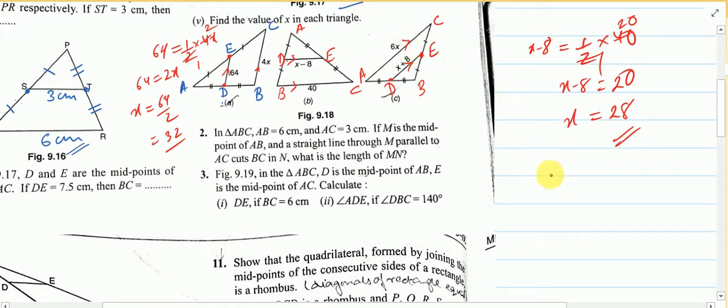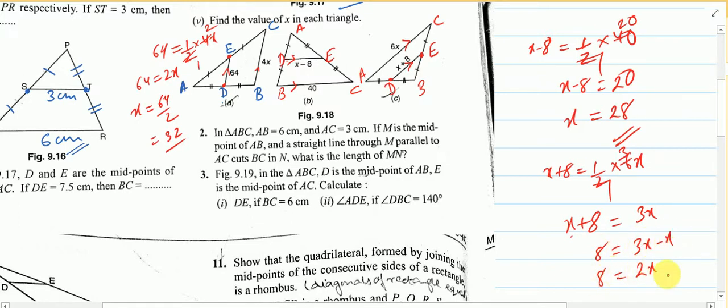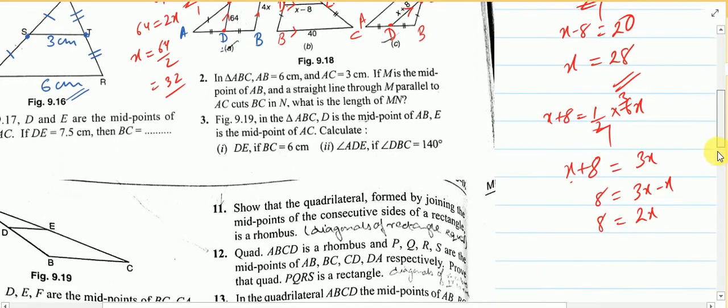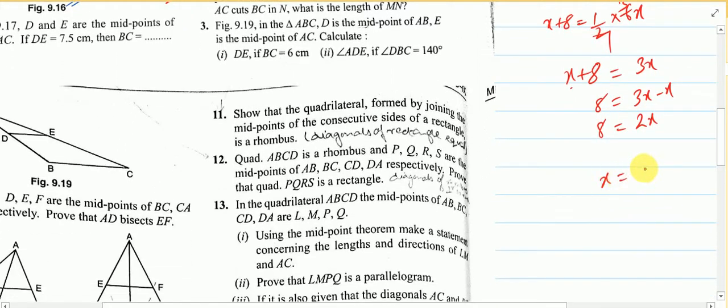So we will get that x plus 8 is equal to half of 6x. So 2 1s are 2, and here 2 3s are 6. So x plus 8 is equal to 3x. Clear? Now this x can be taken that side, so we are getting 3x minus x. So 8 is equal to 2x. Clear? And then x will be 8 by 2, that is 4.